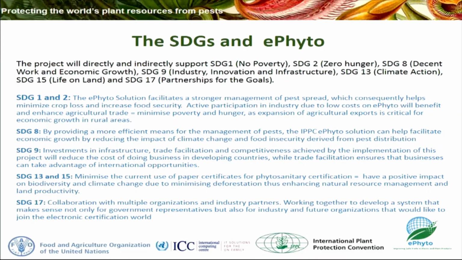In fact, we've been talking about different opportunities to enhance our ability to integrate with blockchains, things of that nature. Climate action, it's a stretch, but people aren't using the paper, trees aren't being cut down, and obviously partnerships.